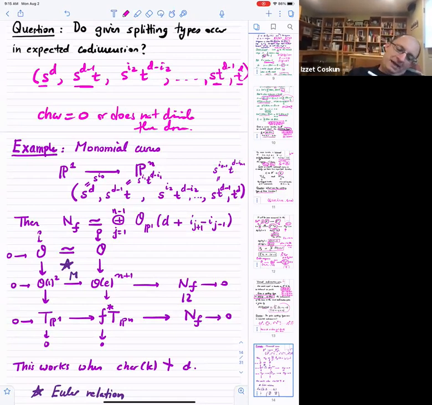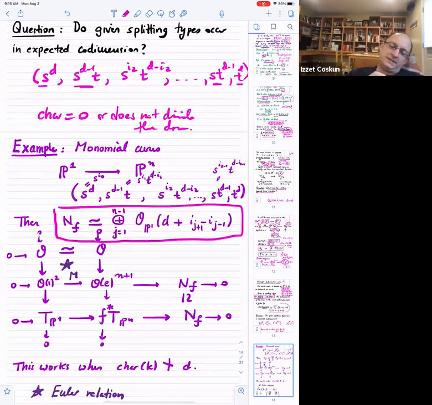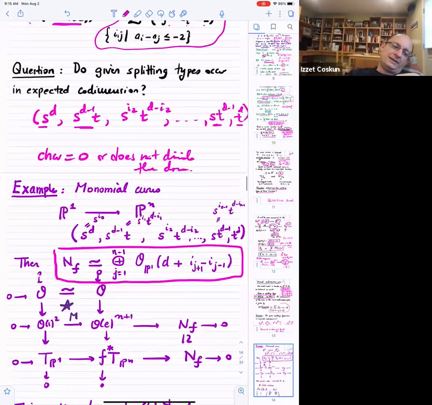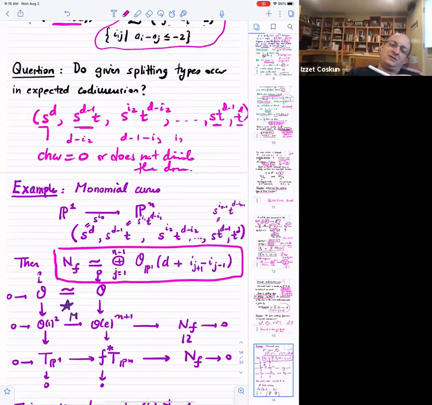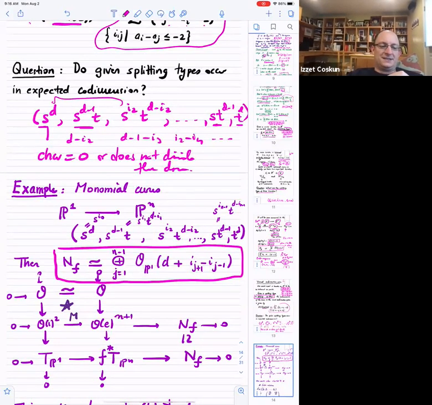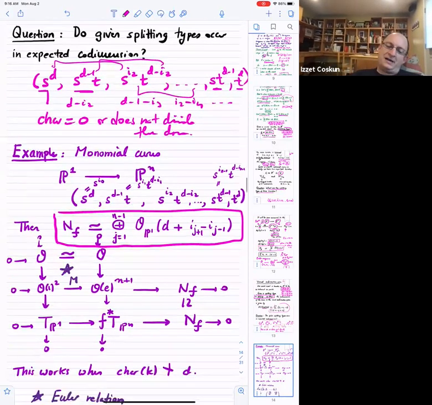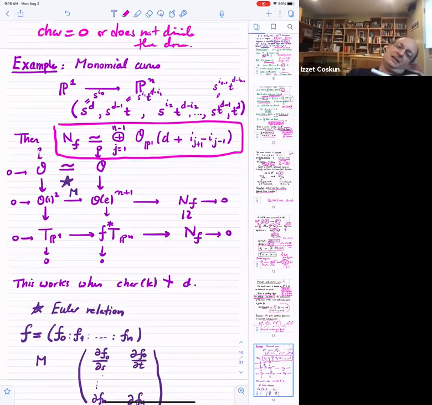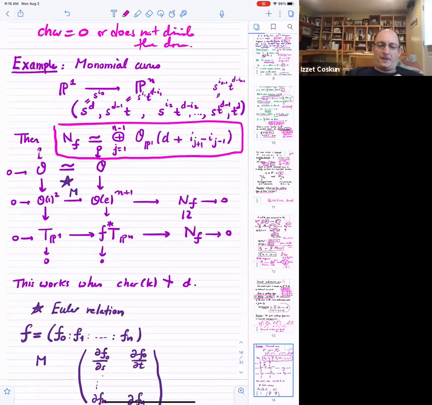Okay, so the claim is that the normal bundle of this is given by this. You look at the pairwise differences: d minus i2, d minus 1 minus i3, i2 minus i4, and so on and so forth, right? So you look at the differences, skipping one over. You get n minus 1 terms like this. Then the claim is that the normal bundle is the sum of the line bundles given by d plus these differences, okay?